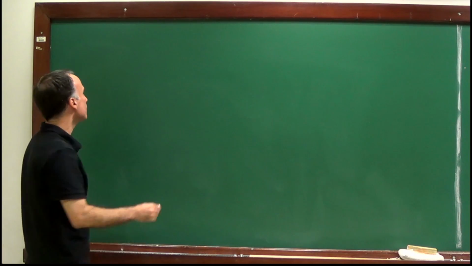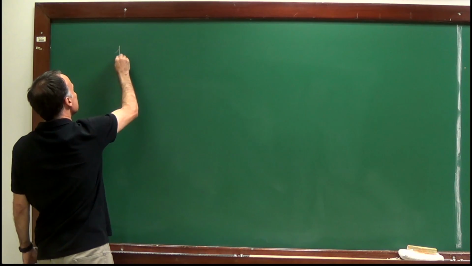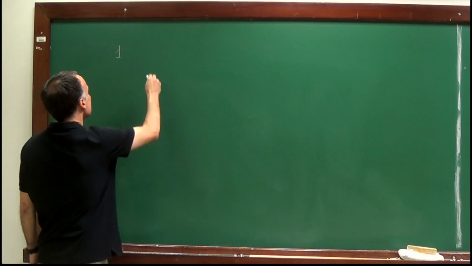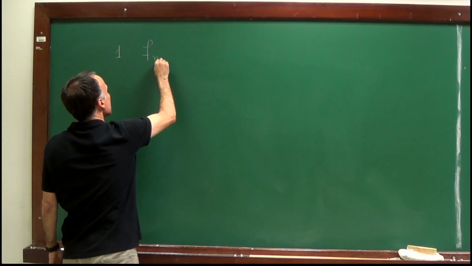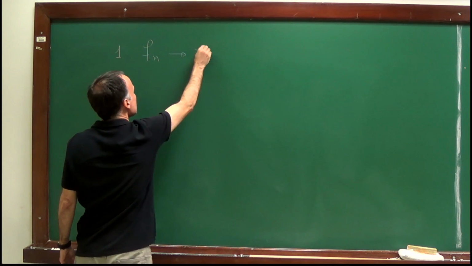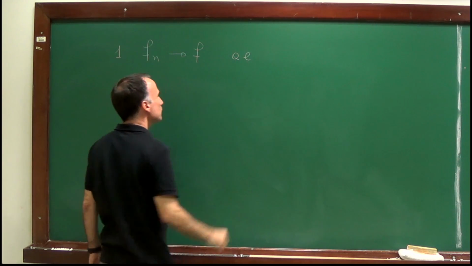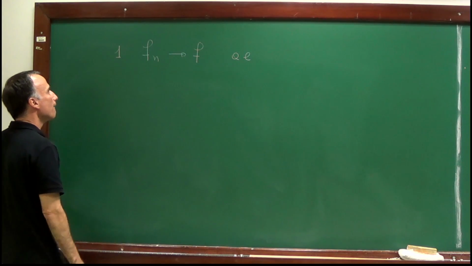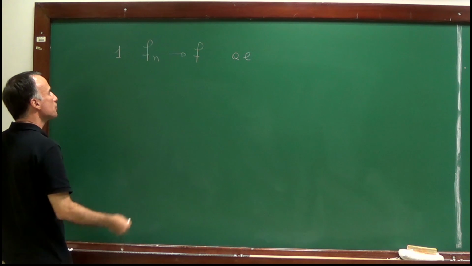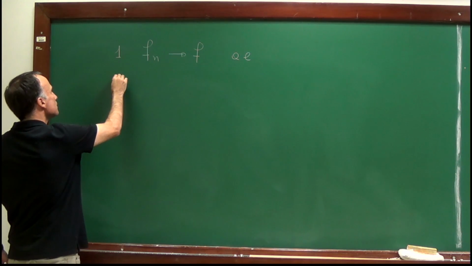We will be talking about three different types of convergence. The first one, which I will define later, is a sequence fn converging to f almost everywhere. That will be our first type of convergence.